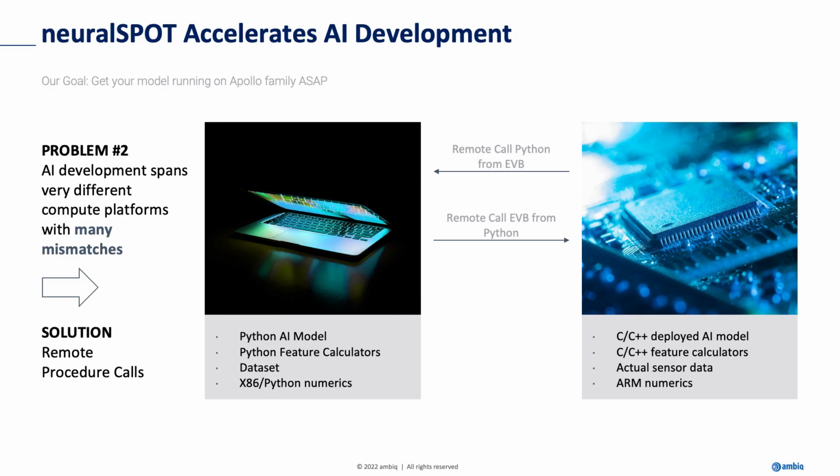Problem number two is, how do you connect your laptop development environment to your EVB? I'll tell you what my first encounter with this problem was. I was computing a Mel frequency spectrogram on my laptop, using Python, with floating point accuracy, on an x86, where even the fundamental numerics are different.